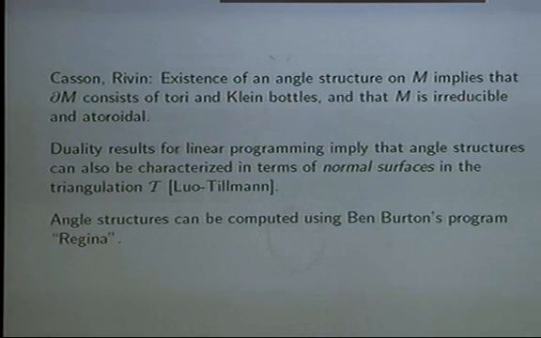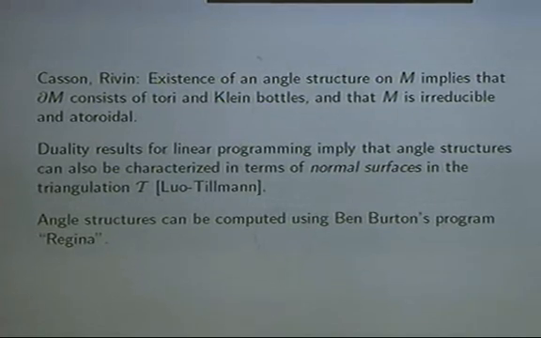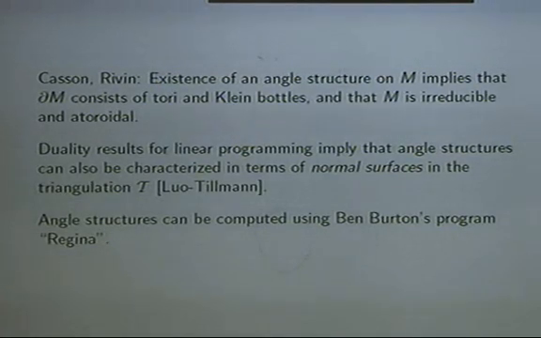Okay, so finding angle structures is quite easy for a given triangulation. Now, if you find such an angle structure on a topological manifold, that already gives you some sort of nice topological information. So for instance, first of all, if you have, say, a compact manifold with boundary, the existence of an angle structure means the boundary is made up of tori.